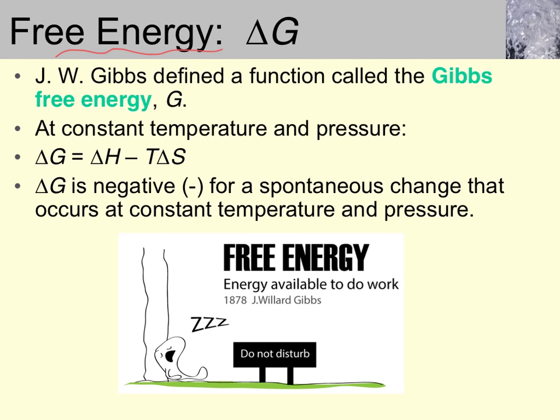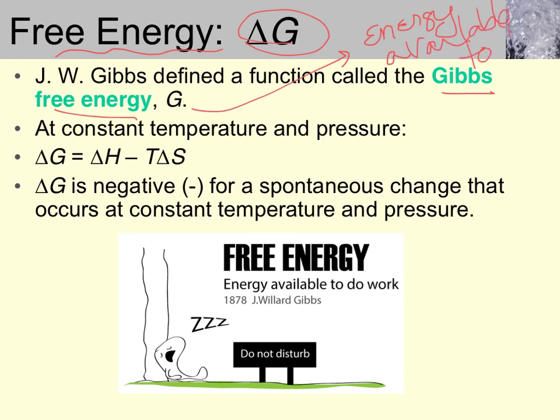This is really the whole point of Chapter 17. Free energy, represented by G, named after the scientist that worked with it, Gibbs, so it really stands for Gibbs free energy, is really important because what is Gibbs free energy? It is the energy available to do work. As we've talked about before, the amount of energy in our universe is constant.